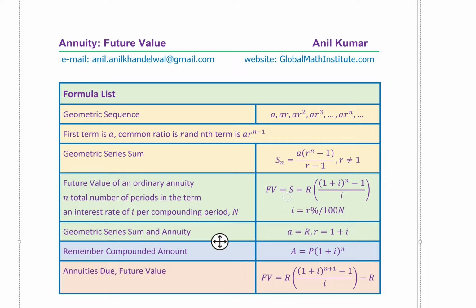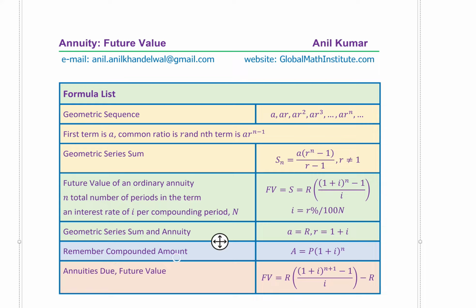The future value, the formula which we are going to derive here, equals R times 1 plus I to the power of n minus 1 divided by I, where I is the decimal equivalent of the rate of interest per term. The geometric series sum and the annuity are very much related, as you can see with the two formulas, where a is equal to R, the capital R, the regular payment, and r is 1 plus I, the ratio by which it gets multiplied.